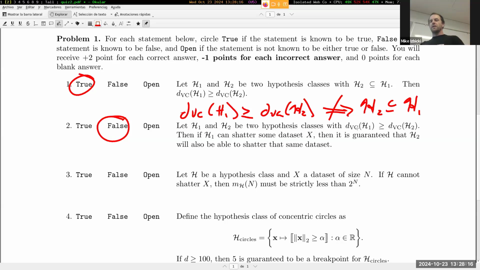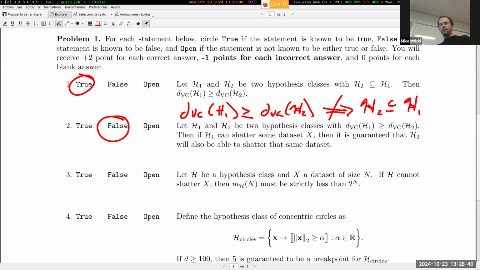Because the VC dimension is only about there existing some data set that can be shattered, not that all data sets can be shattered. The important thing about the VC dimension is that if there is some data set that can be shattered, then the VC dimension is at least that size. So this one is false.